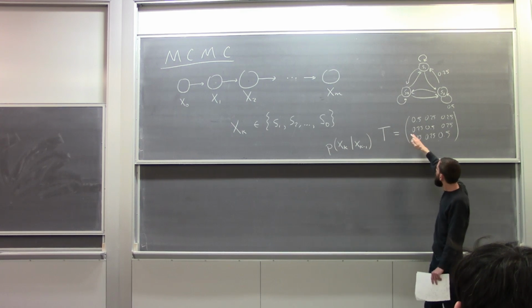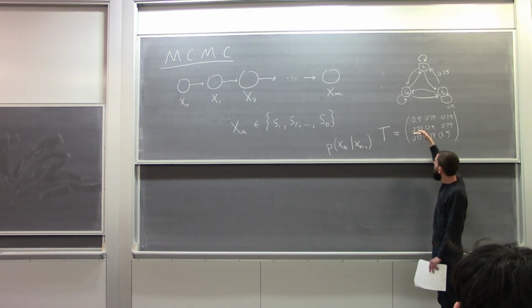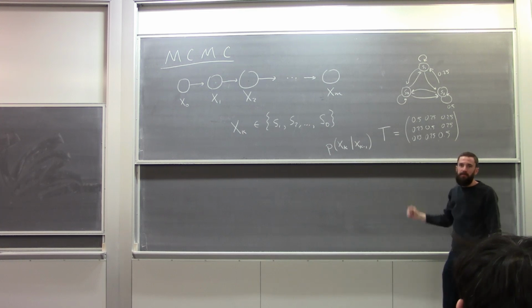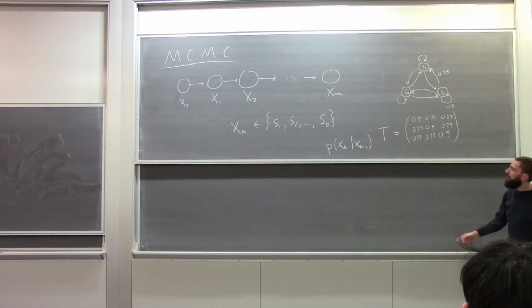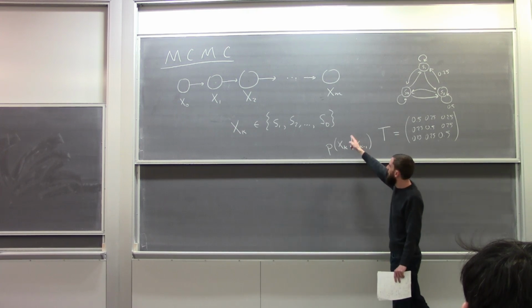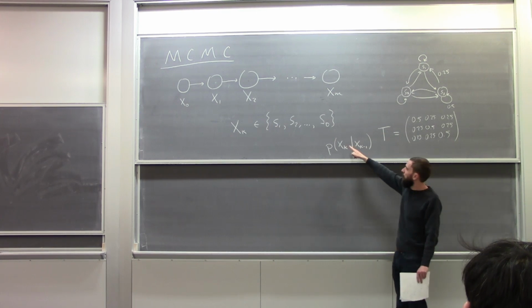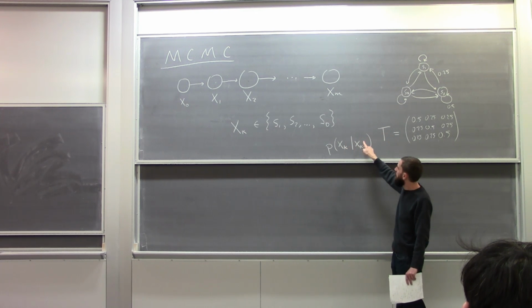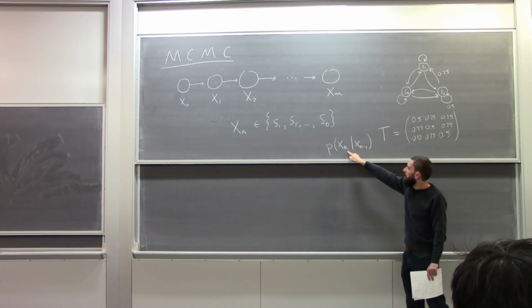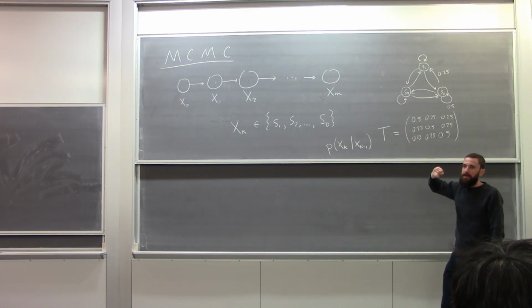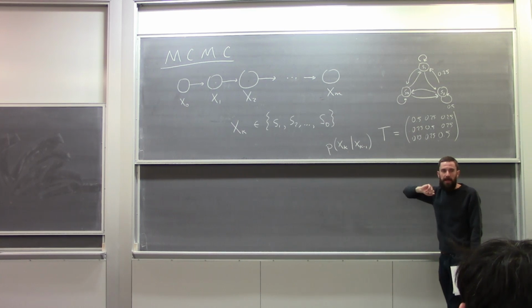It's just writing xk as the rows here, and xk minus 1 as the columns. Looking that up gives you these probabilities. If I were to ask, let's say this is state 1, what's the probability of getting to state 2, I would go to the second row and first column. And that's where that initial probability would be.